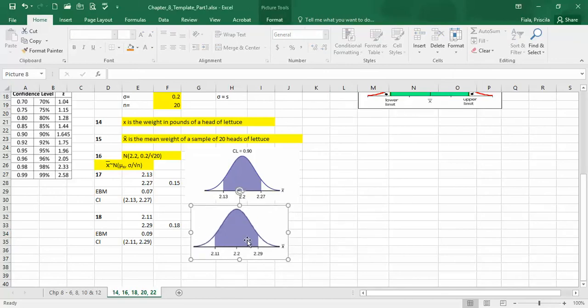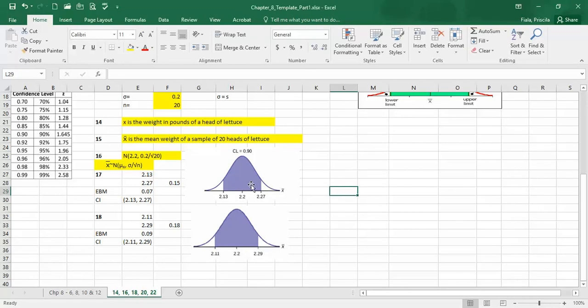So if the only change we made in the analysis was the change of confidence level, then all we're doing is changing the area of the normal distribution. So a larger confidence level results in larger areas, a larger interval.